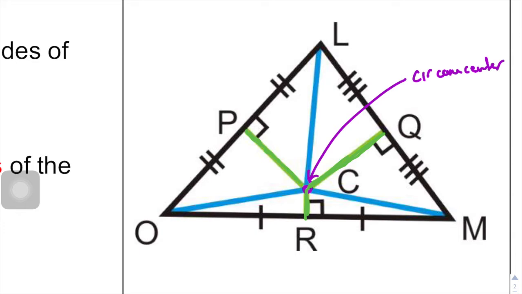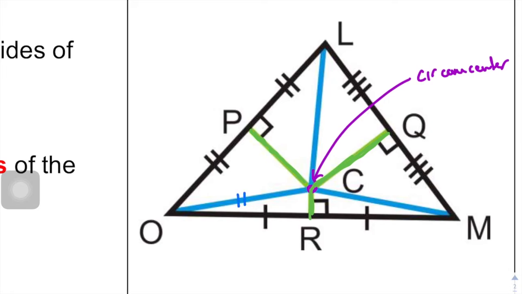Now, the nice thing about circumcenters is that they are equidistant to the corners of the triangle. So what that means is because we know that that's the circumcenter, this segment and this segment and this one are all equal to each other.